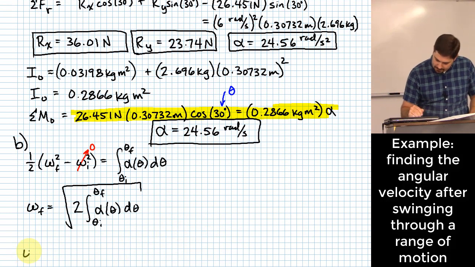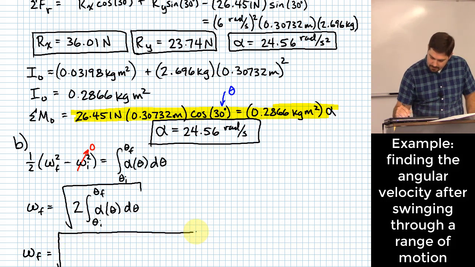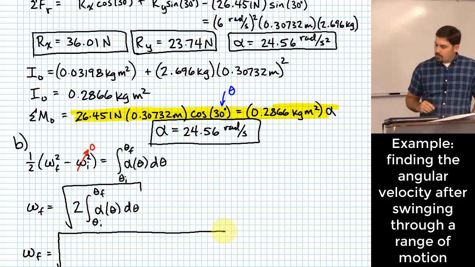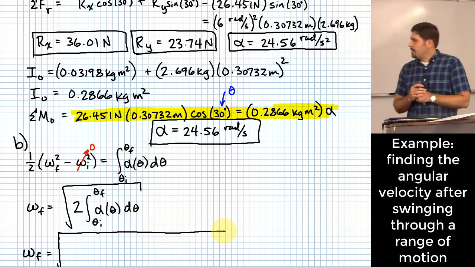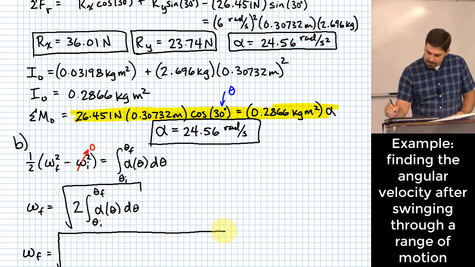Omega f is going to be equal to the square root of, if I solve that equation up there in the yellow for alpha, a lot of that is just constant stuff, so I can pull that out there with the 2.